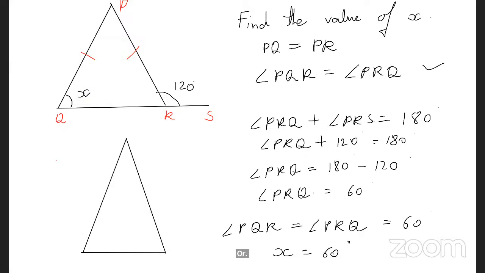Mostly the marks are given. Even if not, you can tell by looking, or if you cannot, take the scale, place it on the sides, and measure if you are getting two sides equal, three sides equal, or all sides equal.